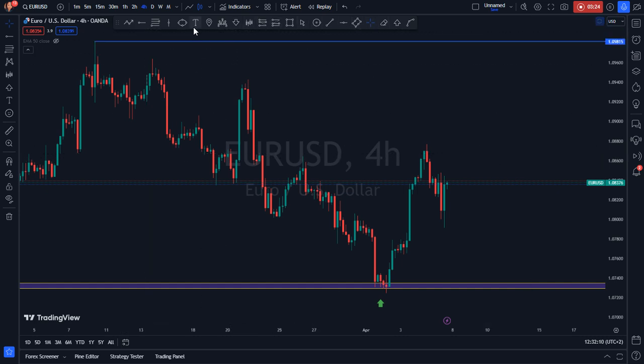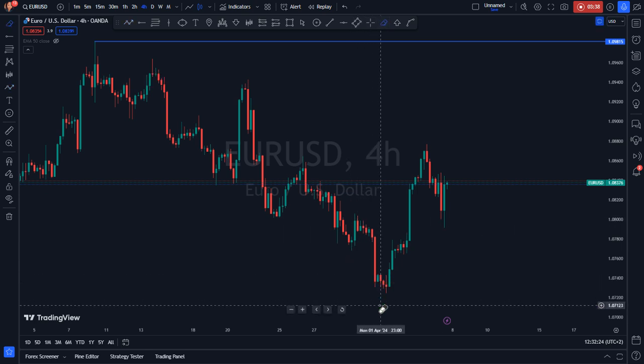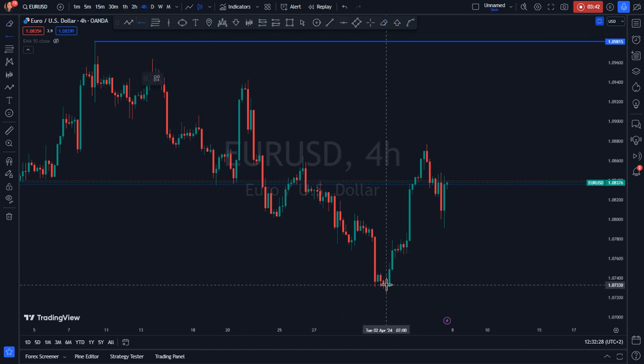Okay, so how I usually do things, I look at the structure with an eye of saying we've got a substructure and then we've got the main structure. I know most people when they look at the chart just mark most of the substructures.